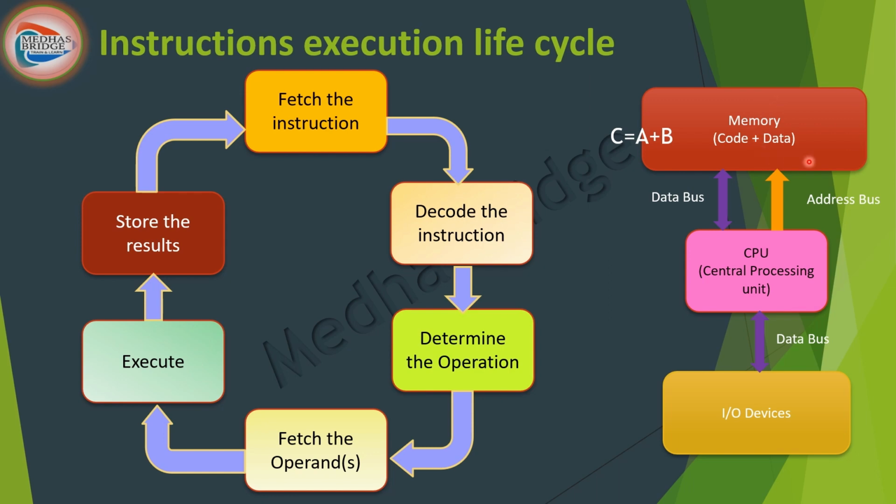That's what the CPU does. With that, the instruction execution for that specific line is completed. It repeats this for all the instructions until the control goes to the end of the program. This is a typical execution life cycle of any instruction on your processor.